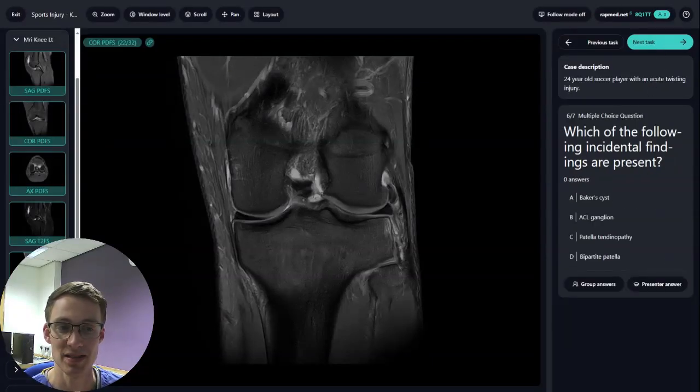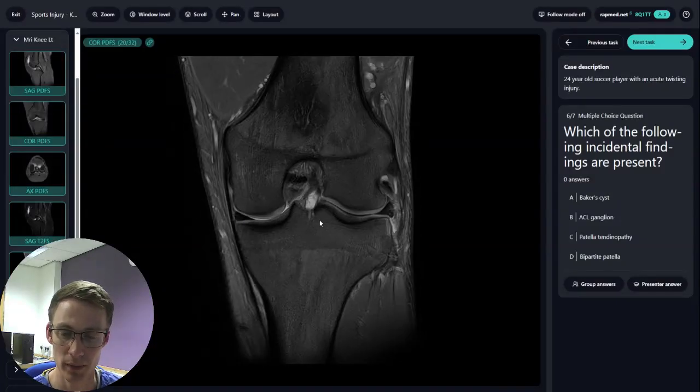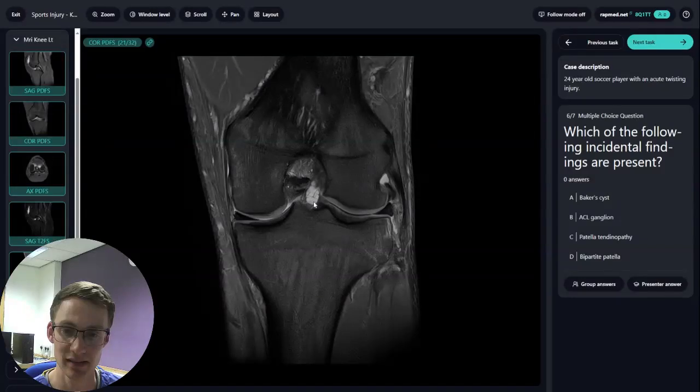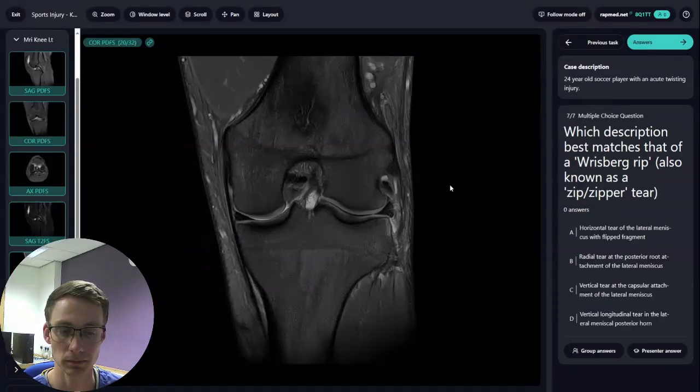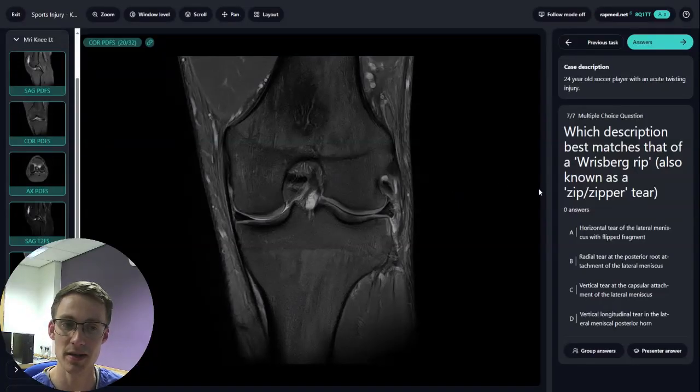So which of the following incidental findings are present on this scan? The eagle-eyed among you may have spotted already as I've been scrolling through, but best seen on the coronal images, there is this ganglion cyst within the ACL near its tibial insertion. And the last question was a theoretical question unrelated to this case.